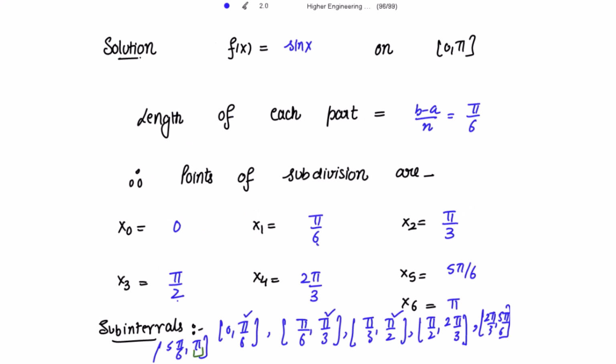And now for the fourth subinterval, because sin of pi by 2 is 1 and sin of 2 pi by 3 is square root 3 divided by 2, which is the greater value? This one, right? So we need to take sin of pi by 2 for capital M4.